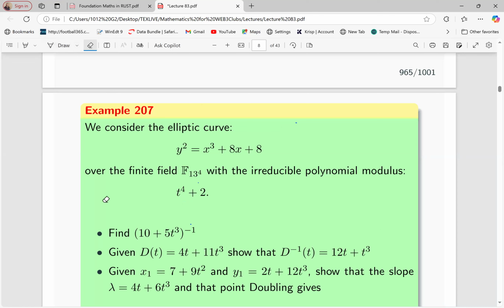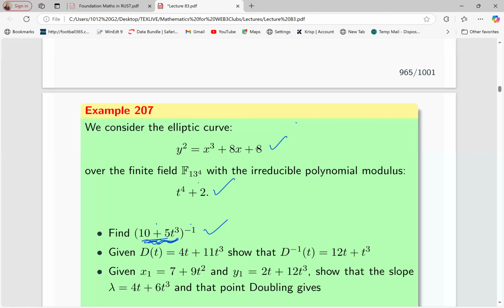Now let me show you how the code will be doing the inverse. The question is, given this and given this, supposing I have this point, what is the inverse of this point? Not necessarily a point, this is an element of the field. Supposing I have something like 7, 3.